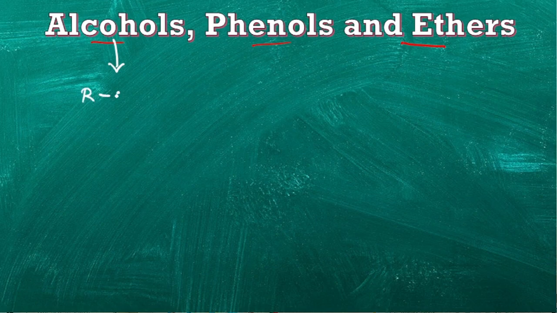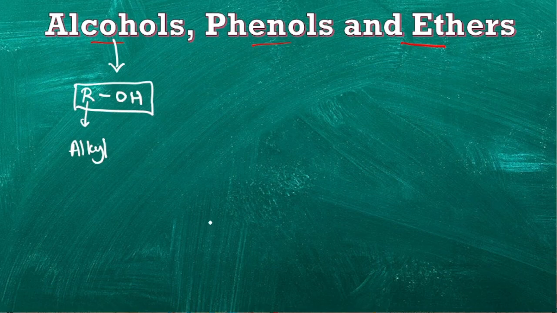Alcohols can be written as ROH, where R is an alkyl group, and OH is attached to the alkyl group, then it is called an alcohol.